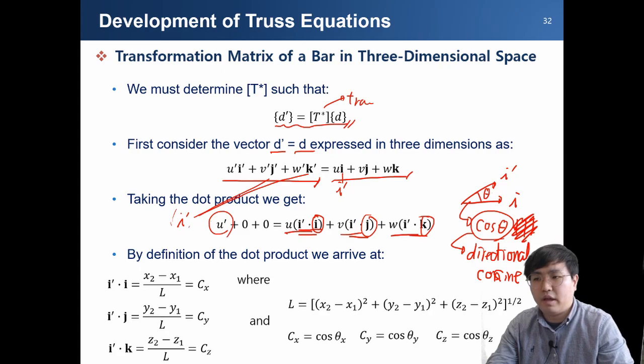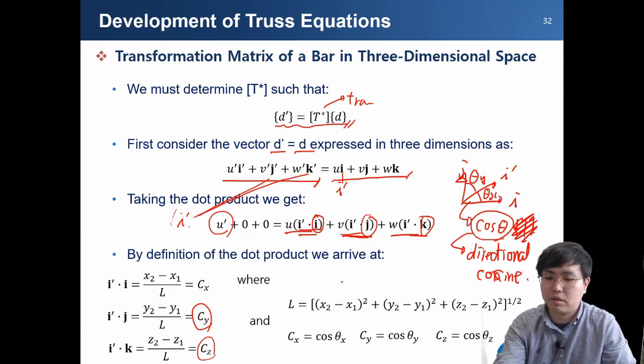And if we have another axis j, they have some angle, so we should use another subscript, so this becomes cosine theta y and cosine theta z. This is the direction cosine.